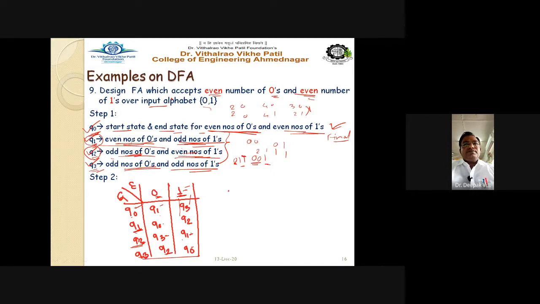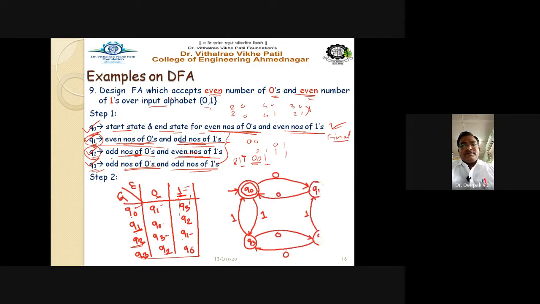And the final DFA is drawn like this. Q0 is your start as well as final state. Remember this thing: Q0 is marked as the start state as well as the final state. Why? Because here we get even number of zeros and even number of ones after reaching the Q0 state. Q1 state is nothing but even number of 0 but odd number of ones.